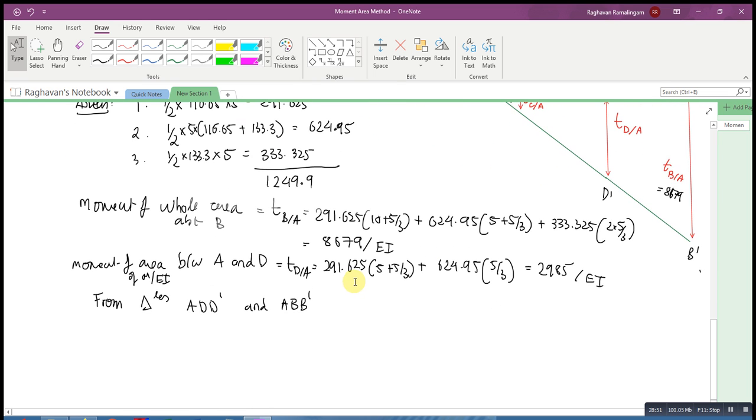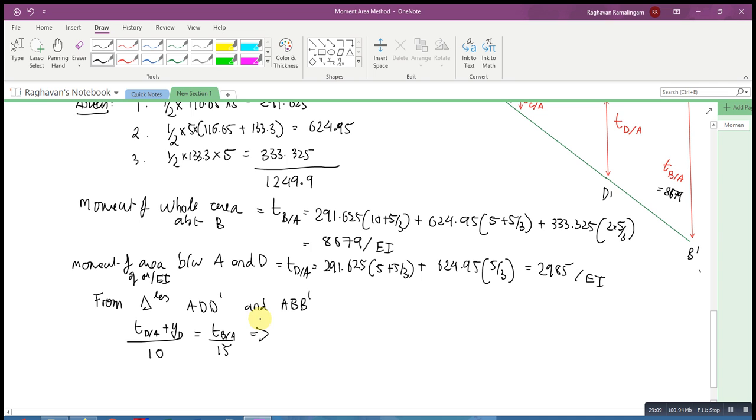So TDA plus YD divided by the distance, 10 from A, equals TBA by 15.